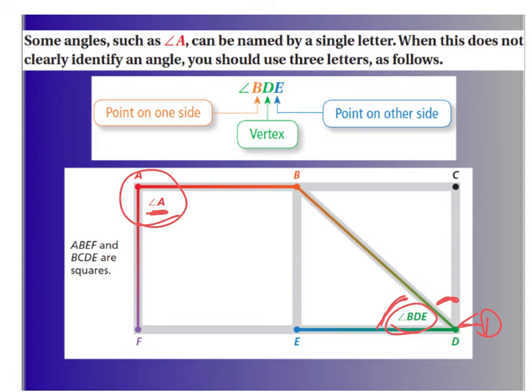So instead, they use three letters so that you know it starts at B, comes down to D, and then goes over to E. So one letter if it is straightforward, otherwise, three letters. So on one side, down to the vertex, and out to the other side.